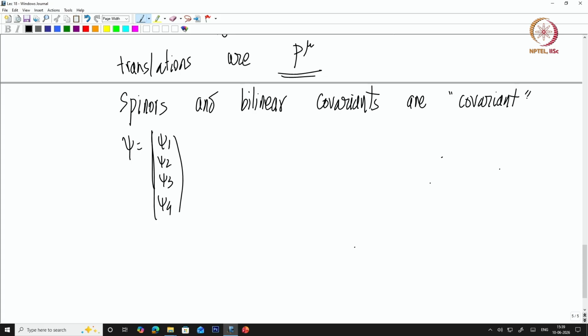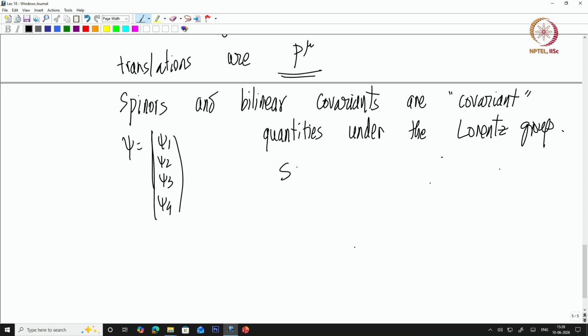We have shown these covariant quantities under the Lorentz group. All possible bilinears are scalar, vector, tensor and so on, and these are covariant quantities under the Lorentz group. Okay, good.